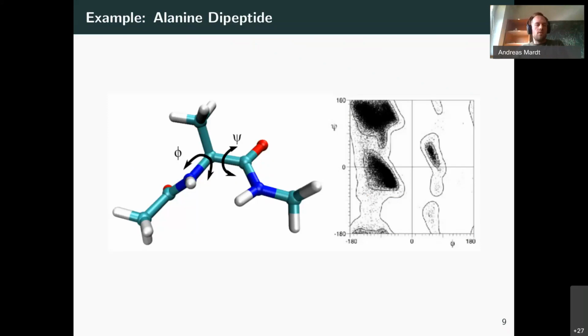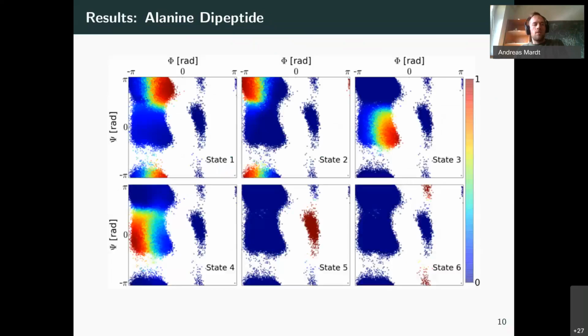And we can train it then with the VAMP score. If we now plot all the different states, you will get something like this. Just afterwards, to visualize it, we show it again in phi and psi because we know these are the important degrees of freedom.